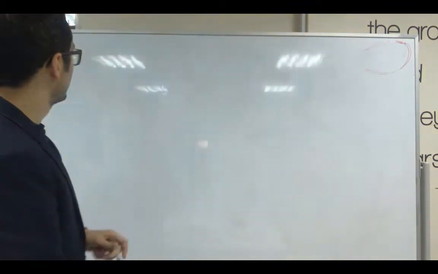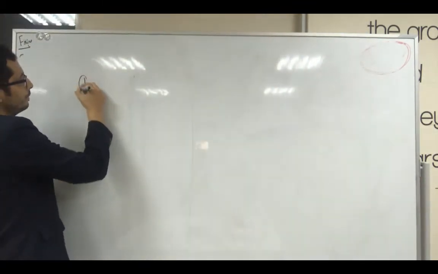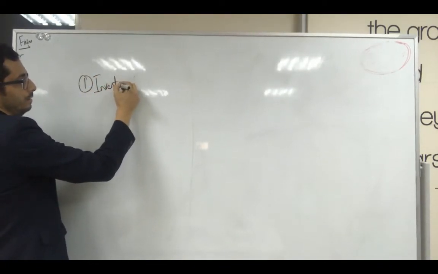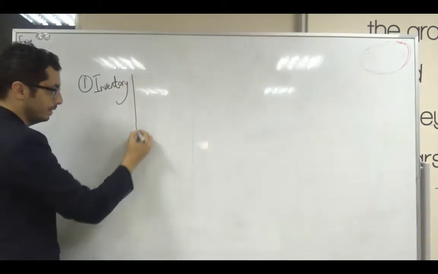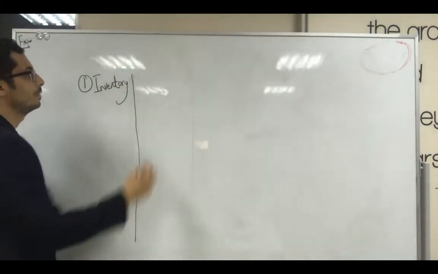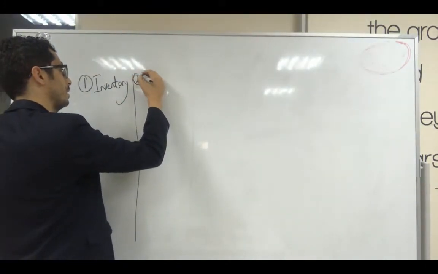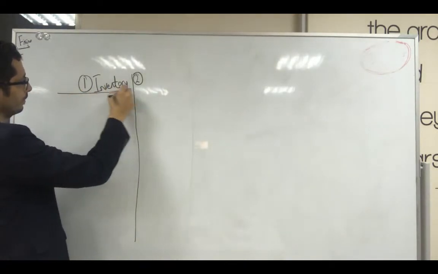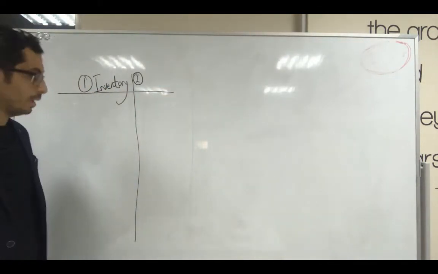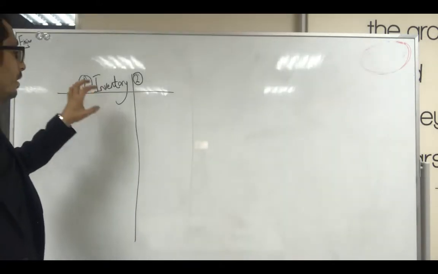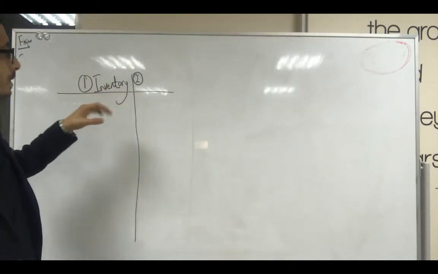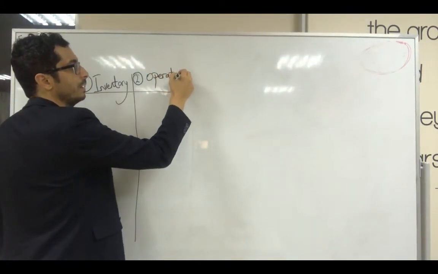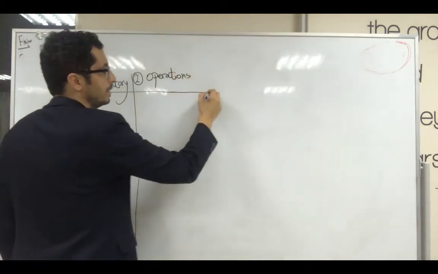So to start with, the first component is inventory. The second component is operations. I'm gonna explain a little bit of each one of them.